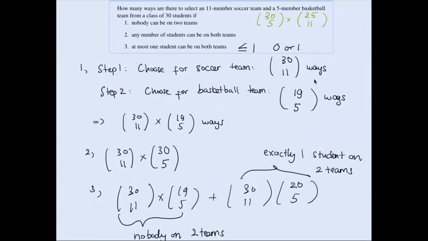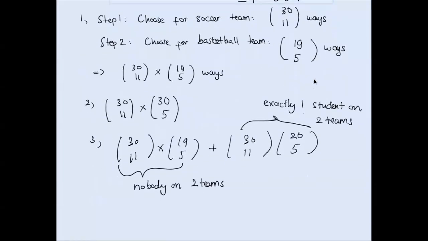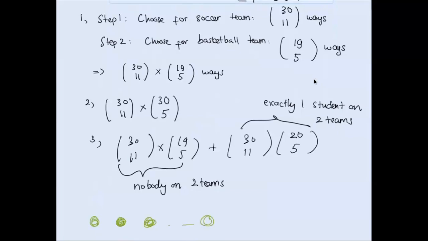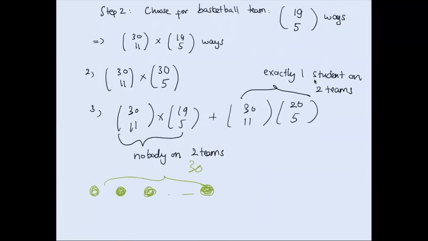The answer is no. You cannot guarantee that. Let's think about it. You have 30 people originally, and let's say that you pick these 3 to be in soccer. And you want exactly one student to be on both teams.